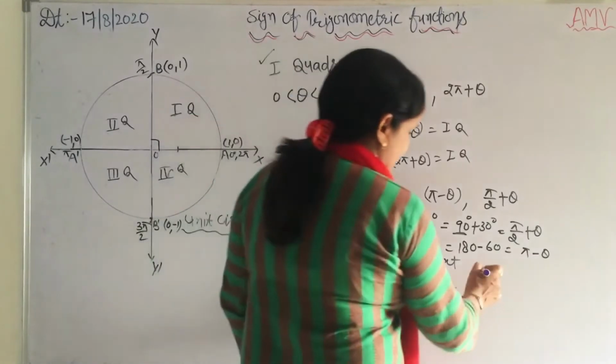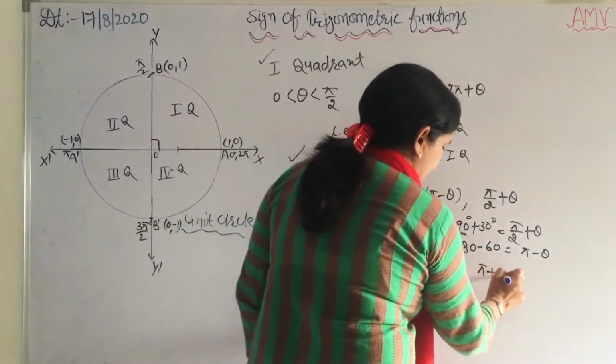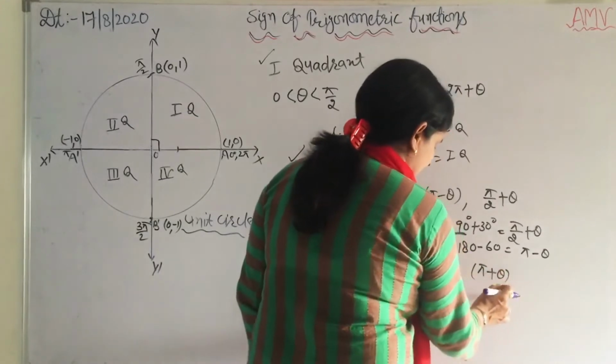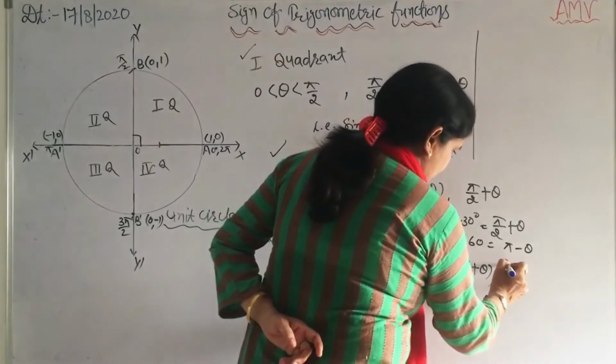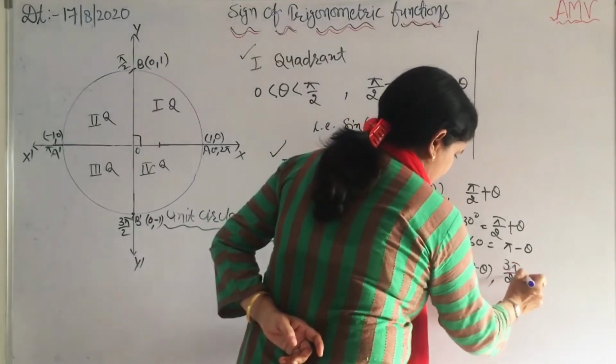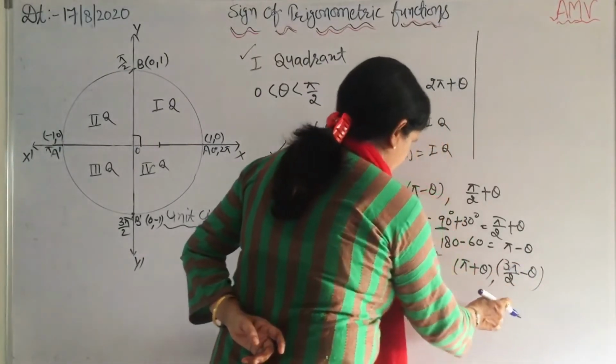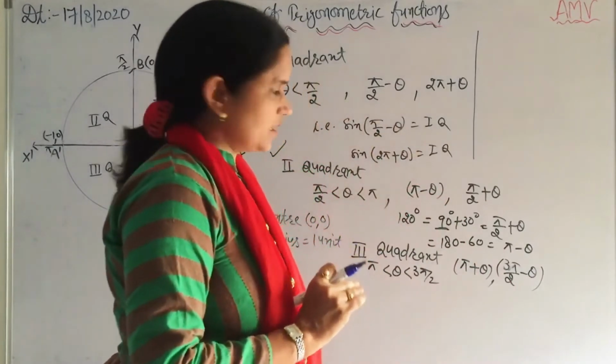If the angle is given as pi plus theta, then it is the third quadrant, and 3 pi by 2 minus theta is also the third quadrant.